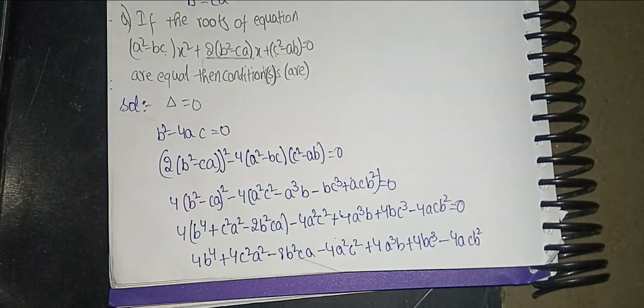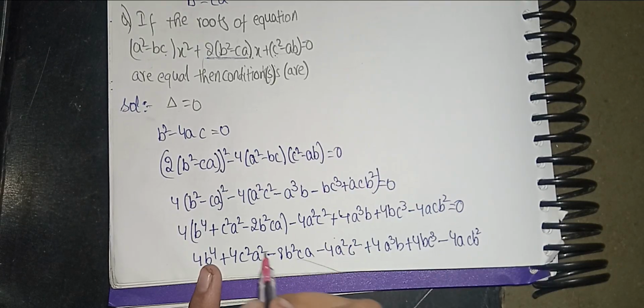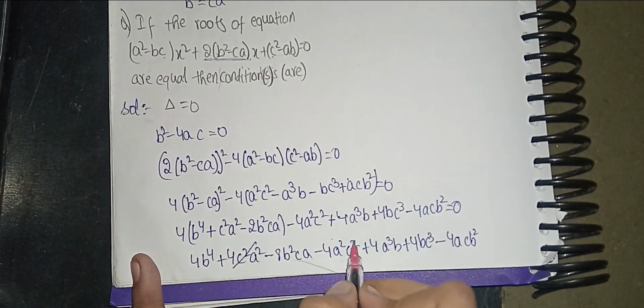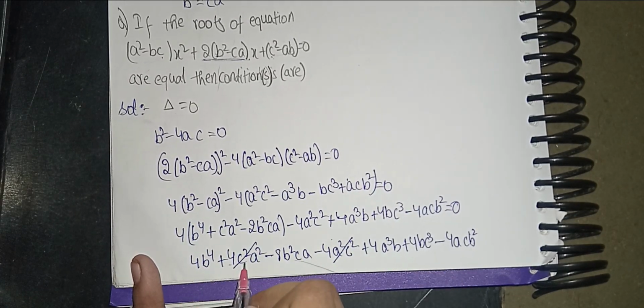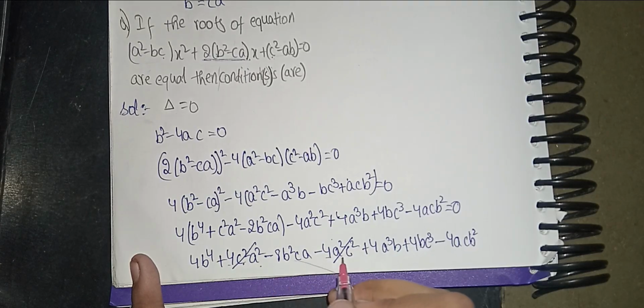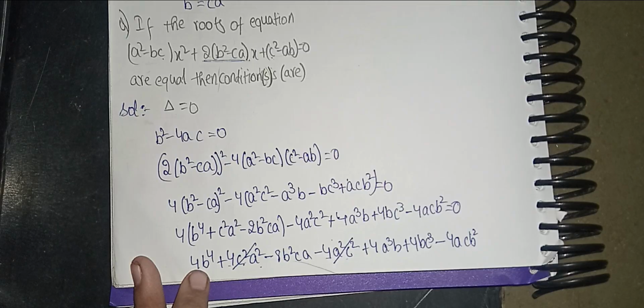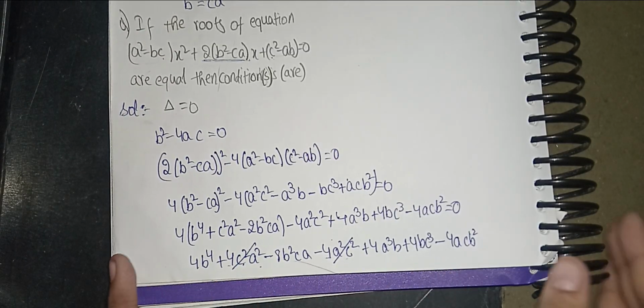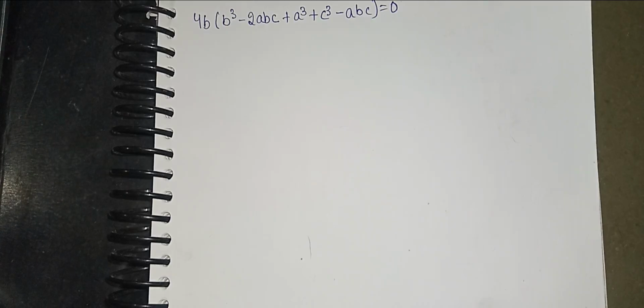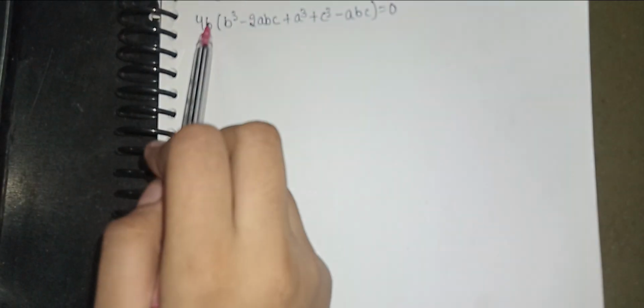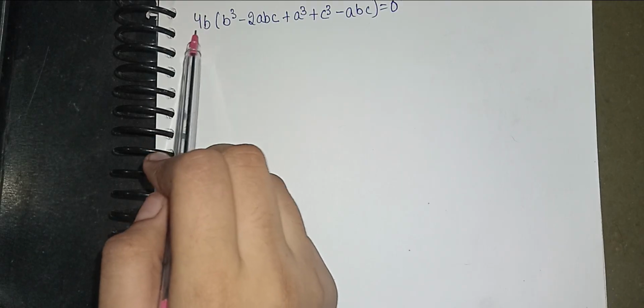Okay. Here we can cut these two, right? Plus 4c square a square minus 4c square a square. Now here we can take 4b common, right? If we take 4b common, we'll get this equation, right?